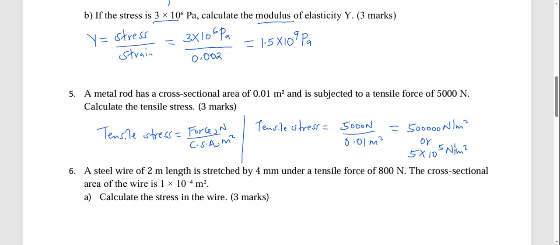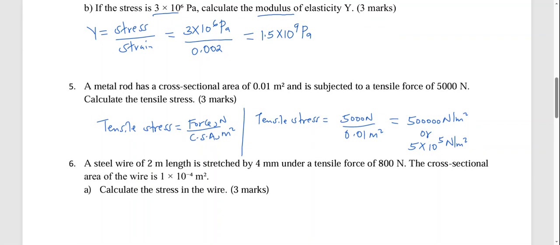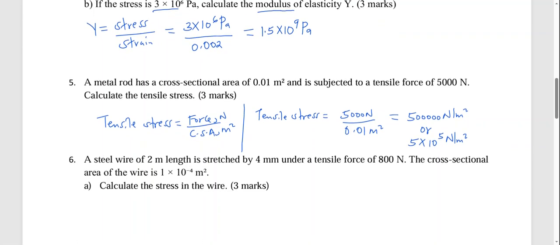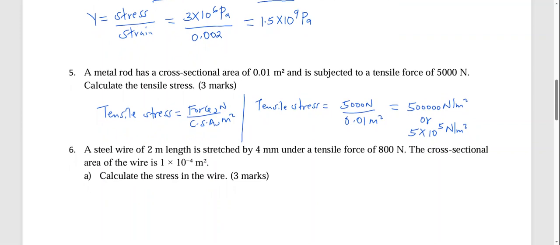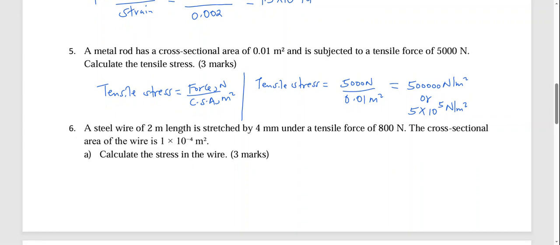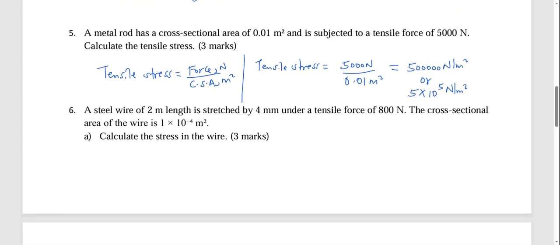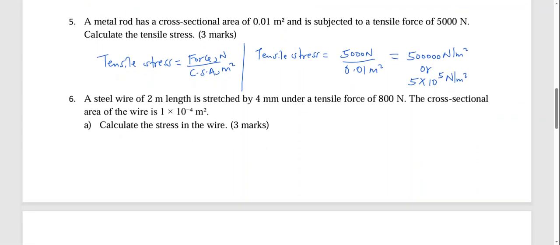Remember, for the SI unit of tensile stress, we can use Newton per meter squared, or we can use Pascal, because 1 Newton per meter squared is equal to 1 Pascal. Let's look at question number 6.